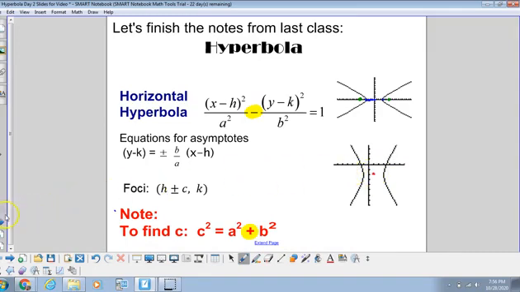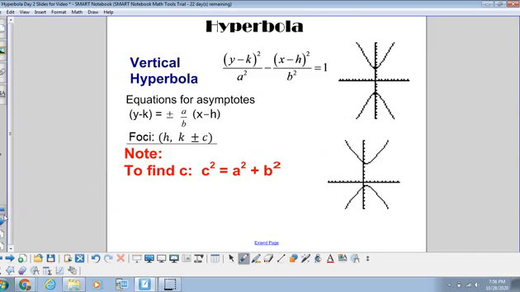And the K value doesn't change. When we have a vertical hyperbola, then we would be going up and down from our center point. So we would have H, K plus C, that indicates when we move up from the center, and K minus C indicates when we move down from the center.